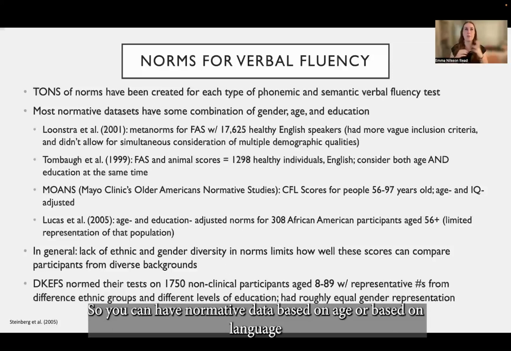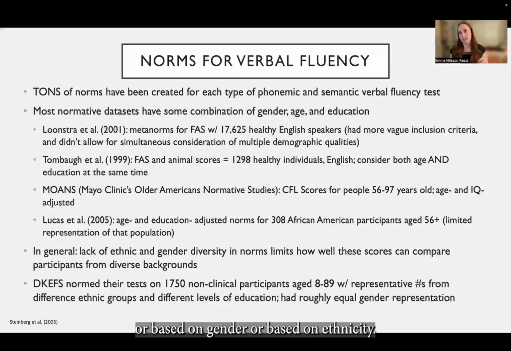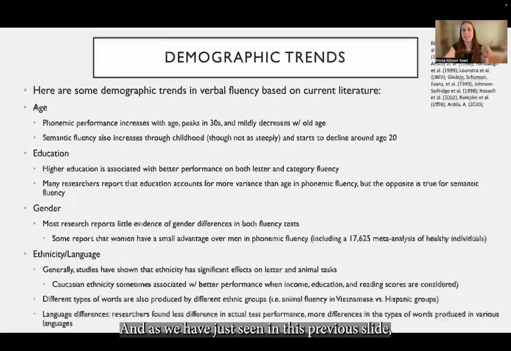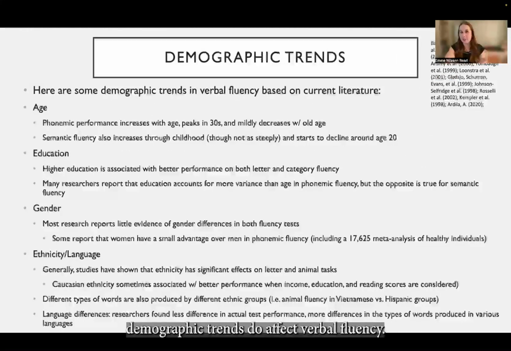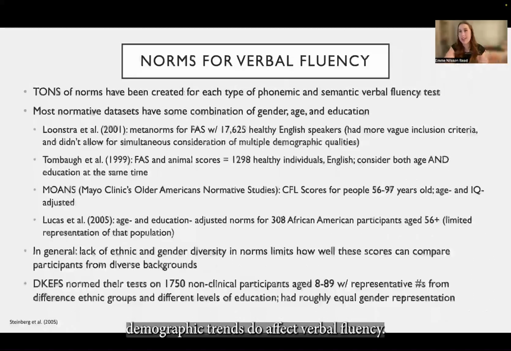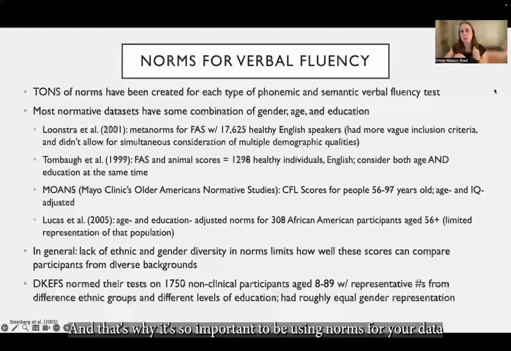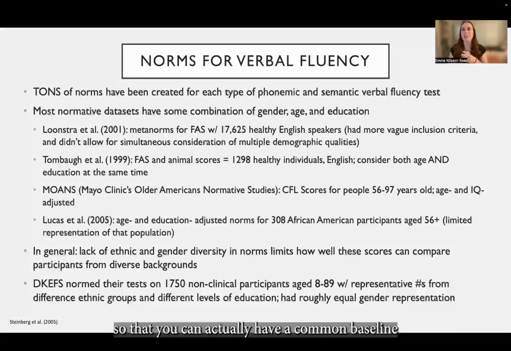So you can have normative data based on age or language or gender or ethnicity. And as we have just seen in the previous slide, demographic trends do affect verbal fluency. That's why it's so important to be using norms for your data, so that you can have a common baseline from which to evaluate all of your participants. Otherwise, the data that you get in longitudinal studies, or even just when you're comparing groups of people, might not be correct.